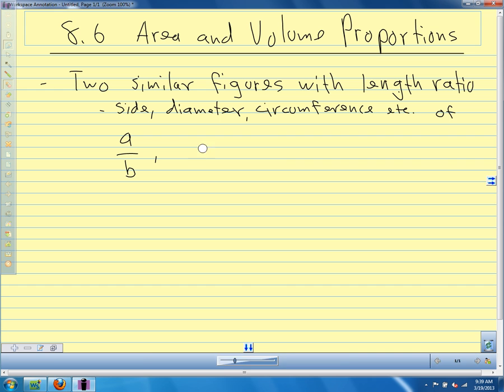if we know that the length ratio is A over B, they have the area ratio A squared over B squared. So what we're saying is we square the length ratio to get the area ratio.